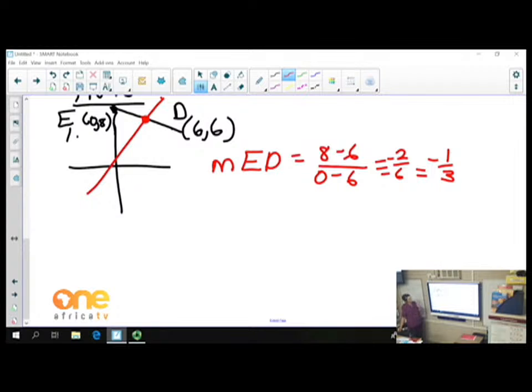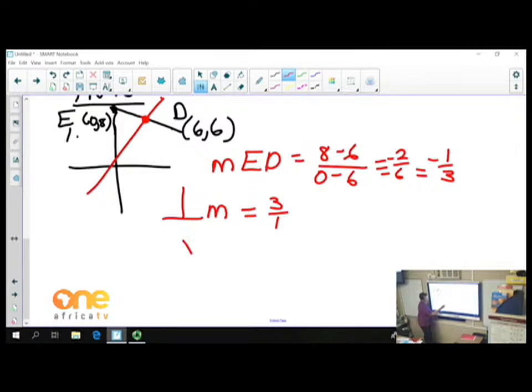Now, what did we say? Well, the perpendicular, look how I'm writing it now. What is the perpendicular m now of ED? Yeah, the perpendicular gradient. What is the rule for perpendicular gradients? Change of sign reciprocal. So, what will it be from here? 3. Now, change of sign reciprocal.